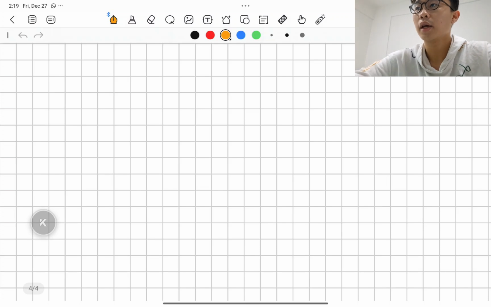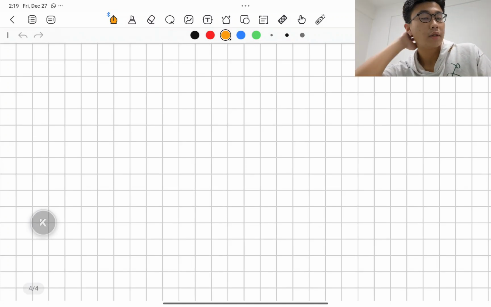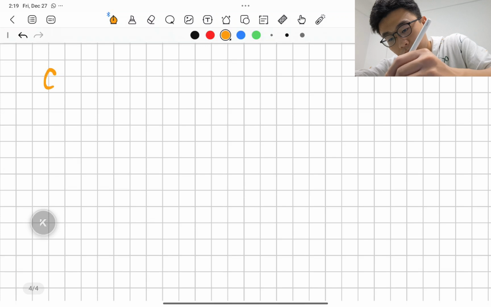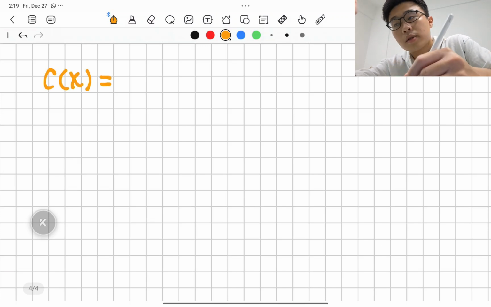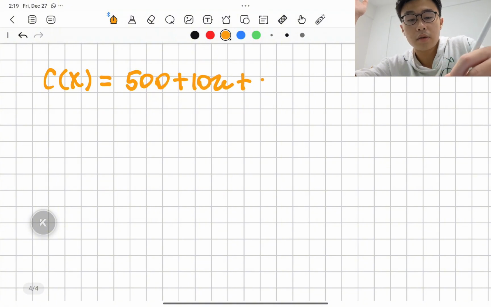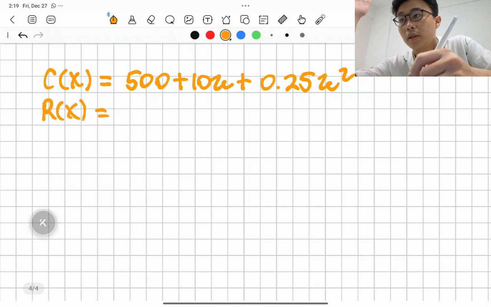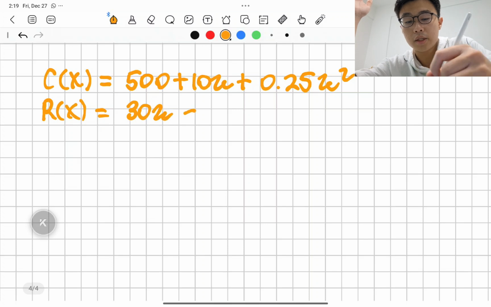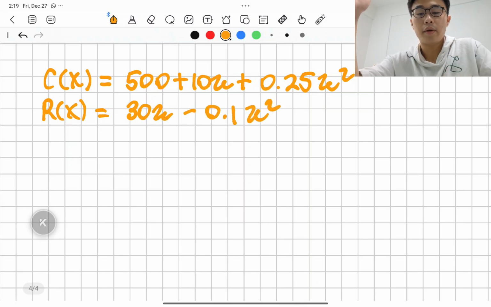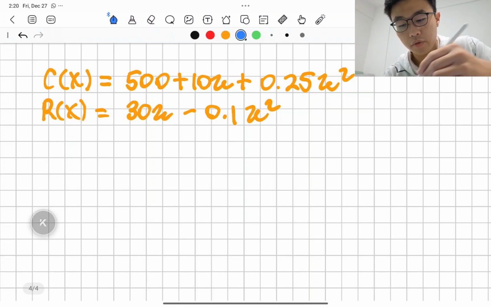Okay, so let's say we have a company and they produce a product. And we are given the cost function, which is C(x) equals 500 plus 10x plus 0.25x squared. And R(x) is also given, which is the revenue function, 30x minus 0.1x squared. Now let's find the profit function first before going any further.